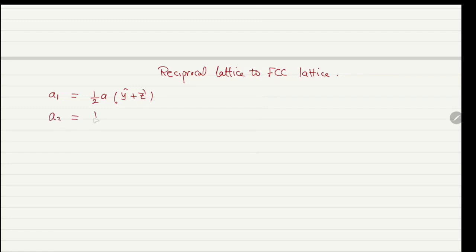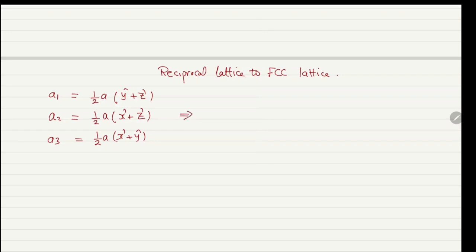Now let's find the reciprocal lattice to the FCC lattice. In FCC, a1 equal to half a (y hat plus z hat), a2 equal to half a (x hat plus z hat), and a3 equal to half a (x hat plus y hat).